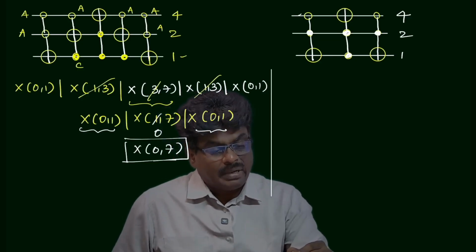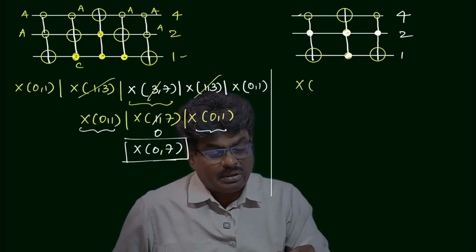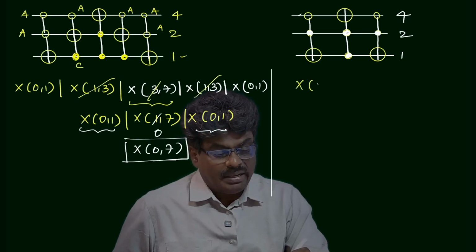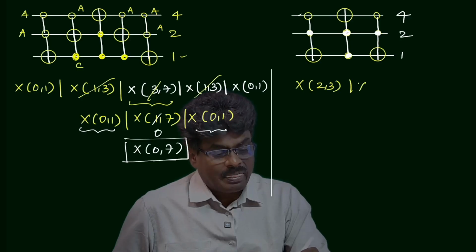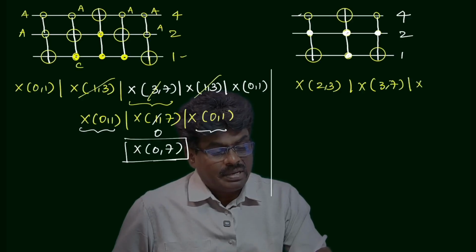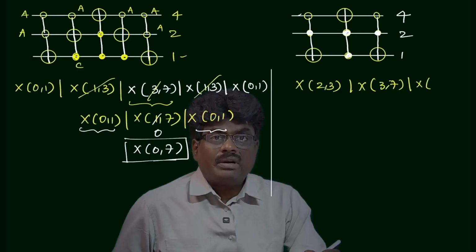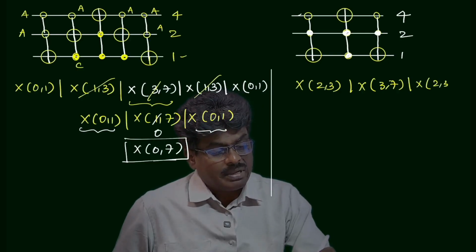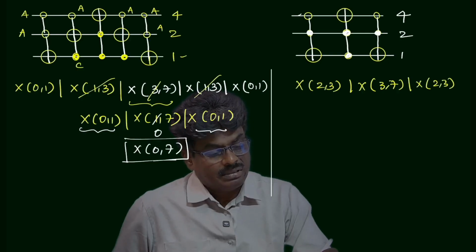Now here I'm writing the operations, that is x of 2 control, 4 anti-control, that's why 2 comma 3. And here 1 and 2 are control, that's why 3 comma 7. So very easy. And here 2 control and 4 is anti-control, that's why 2 comma 3. Now you please try this.